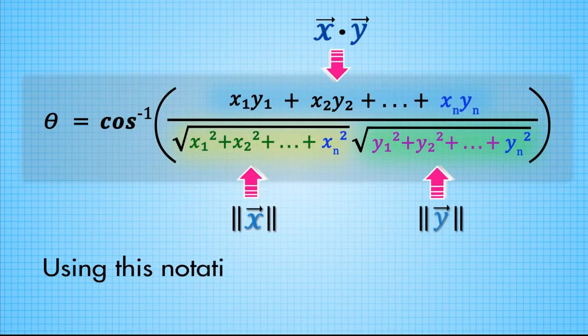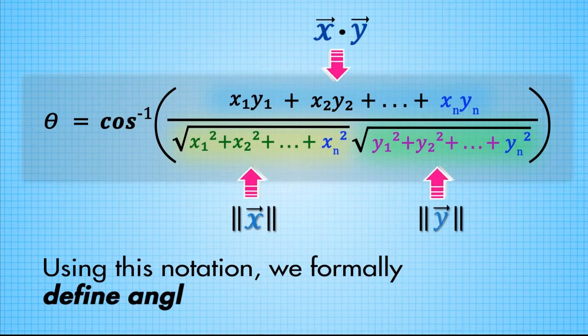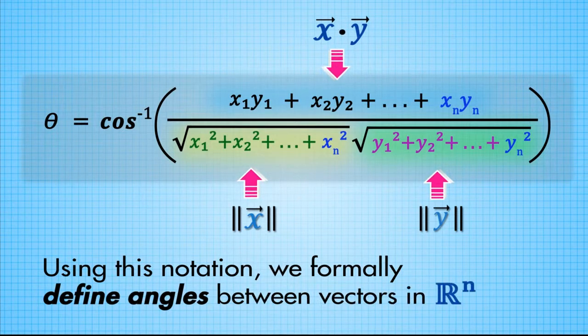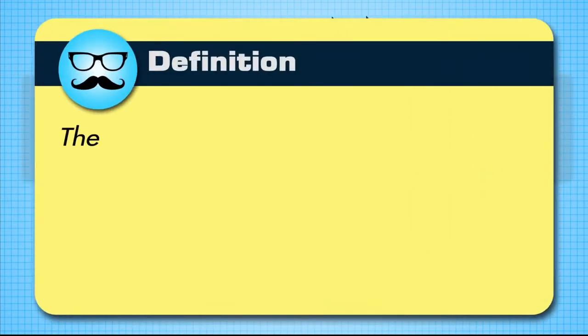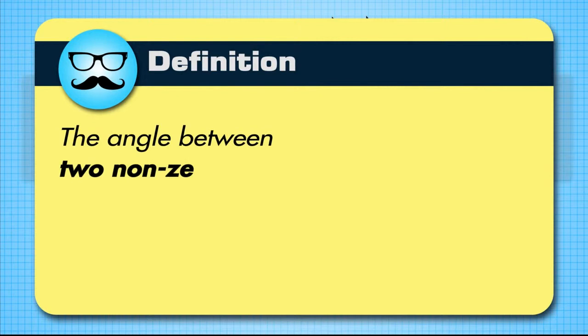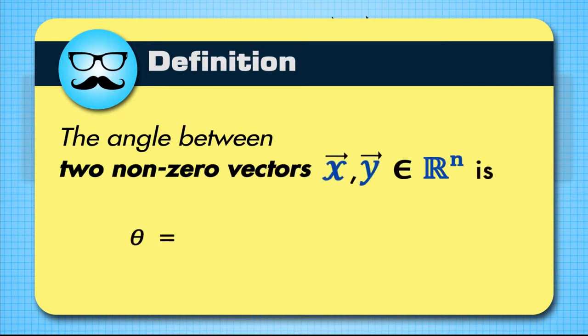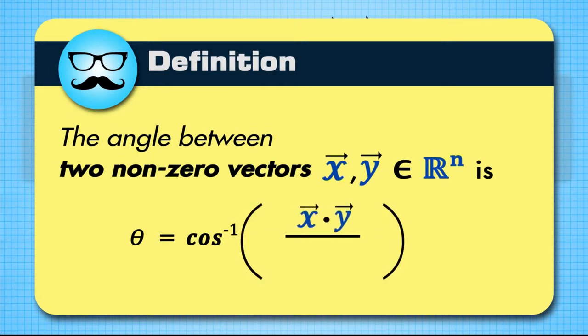Using this notation, we formally define angles between vectors in Rn. The angle between two non-zero vectors, x and y in Rn, is the inverse cosine of the dot product of x and y divided by the norm of x and the norm of y.